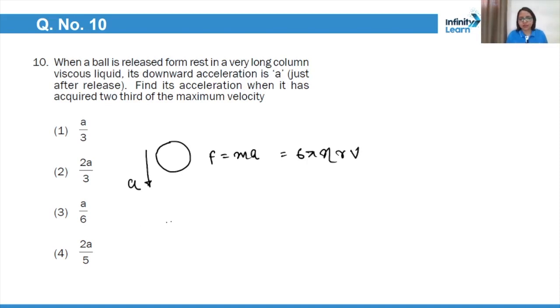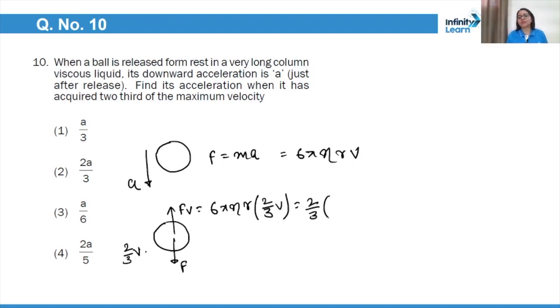Okay. After some time, it is moving with 2 by 3 times the terminal velocity. So the viscous force Fv in the upward direction will be 6 pi eta r into 2 by 3 v. So it is 2 by 3 times 6 pi eta rv. 6 pi eta rv is what? It is the total force ma. So it is 2 by 3 times ma.